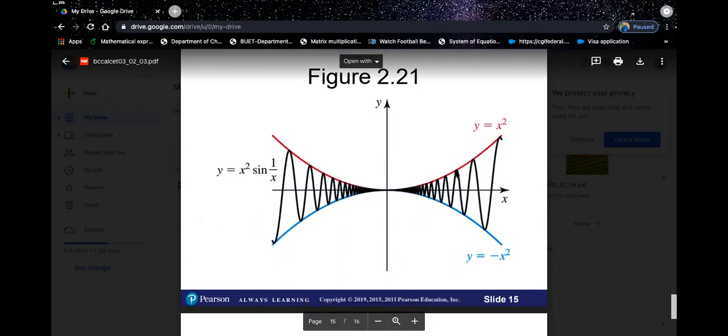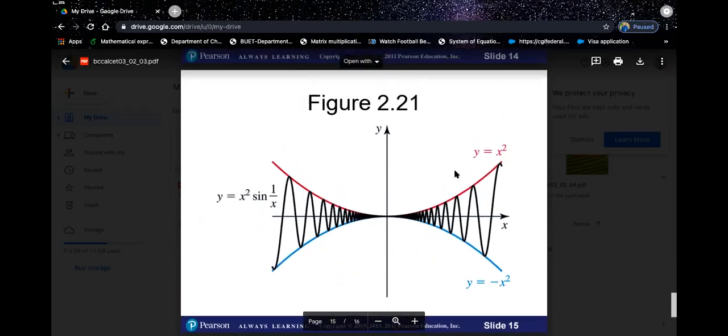Okay, let's see this one. This one is really interesting. We have a function which is x squared times sine 1 over x. Don't get scared. You'll not be asked to draw a graph like this. The blackish one is the graph of x squared sine 1 over x.